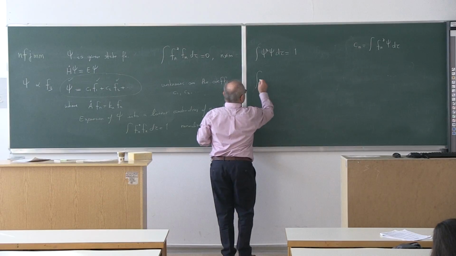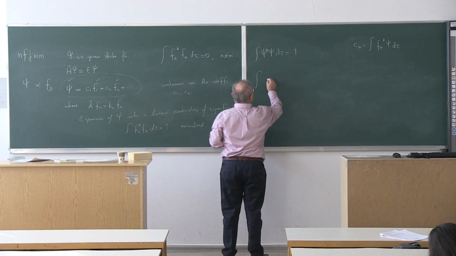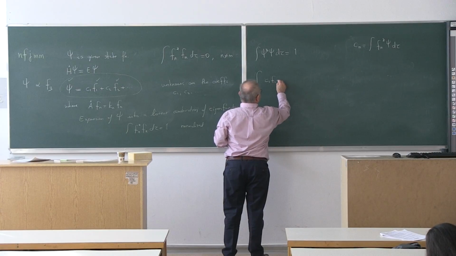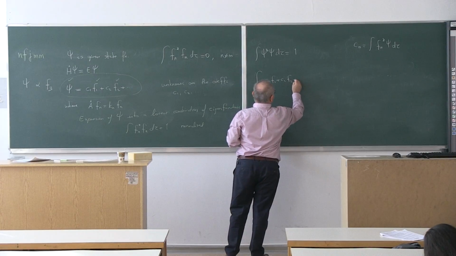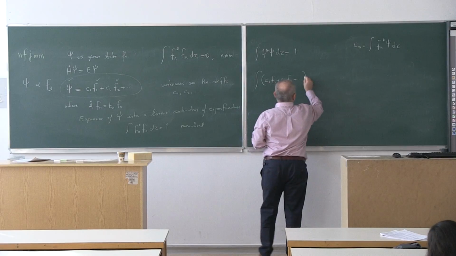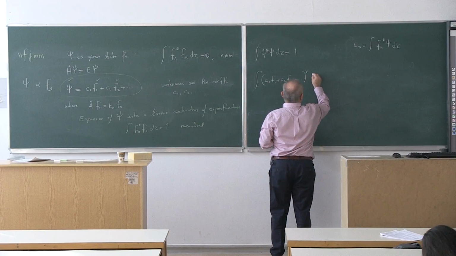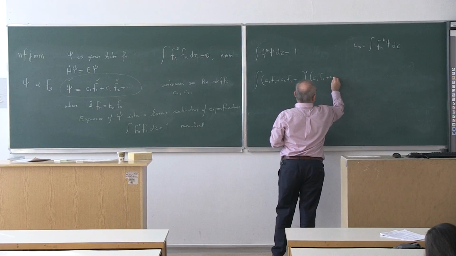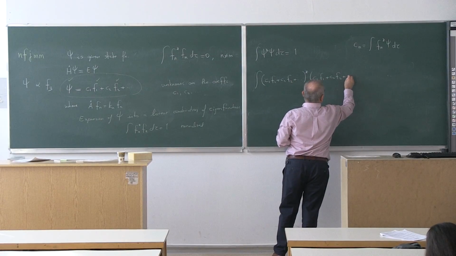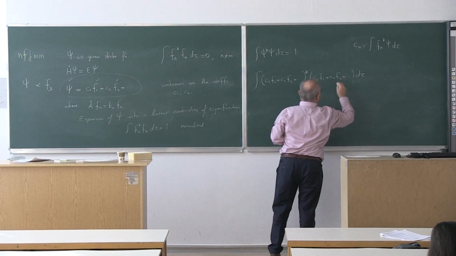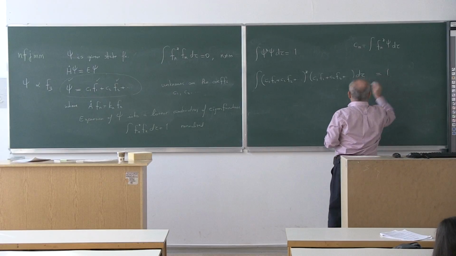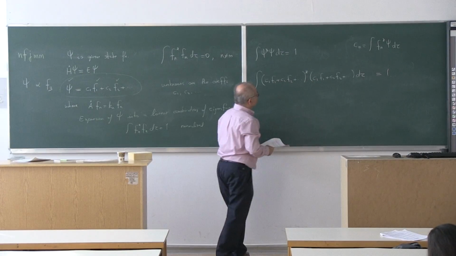Then we will have C1 times F1 plus C2 times F2, and so on, complex conjugate times itself, and this must be equal to 1.